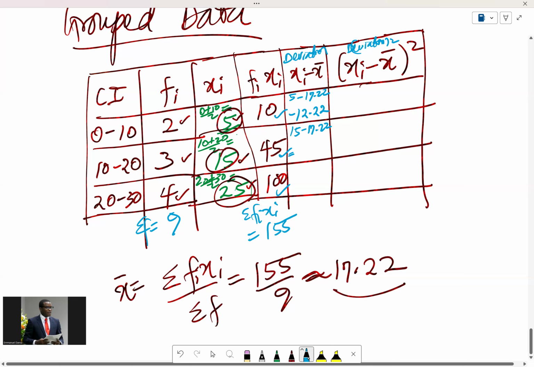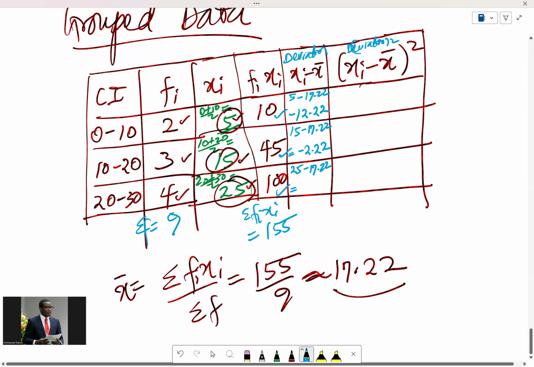Okay, so next thing is we have 15 minus 17.22. That'll be minus 2.22 again, minus 2.22. Then lastly, 25 minus 17.22. Now 25 is bigger. So 25 minus 17 is 8.